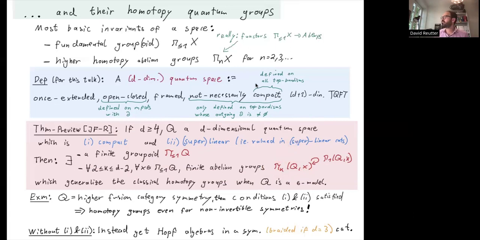And if you work with fully extended TFTs and everything is as nice as possible, and you try to glue these abelian groups back together to build Q, then the cohomology in which these k-invariants are supposed to be valued is not only group cohomology, but some more exotic cohomology theory, which uses knowledge of modular tensor categories and things like this.